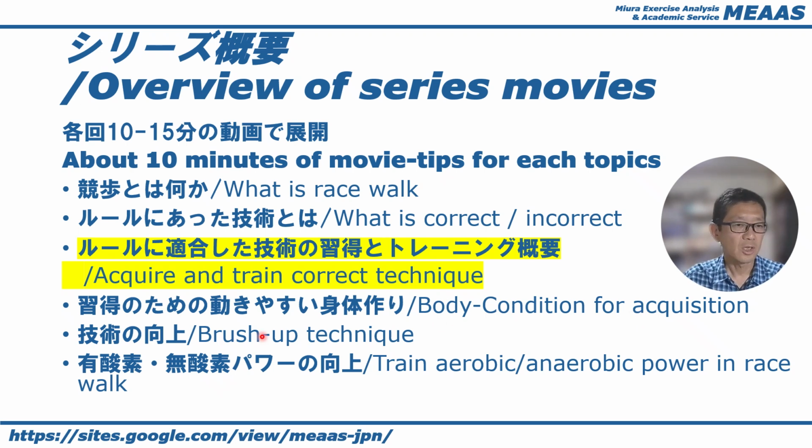And after that, I talk about how we progress to brush up race walking technique. In this series, the topic is basic training for the first step people, and the next and after next are for the enhancement of performance in race walking.